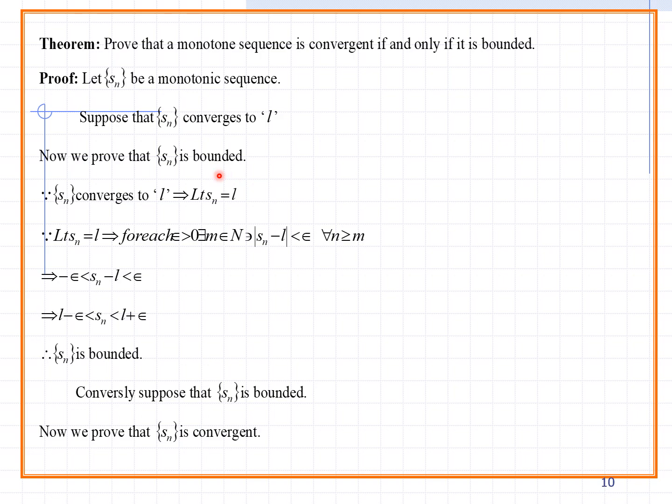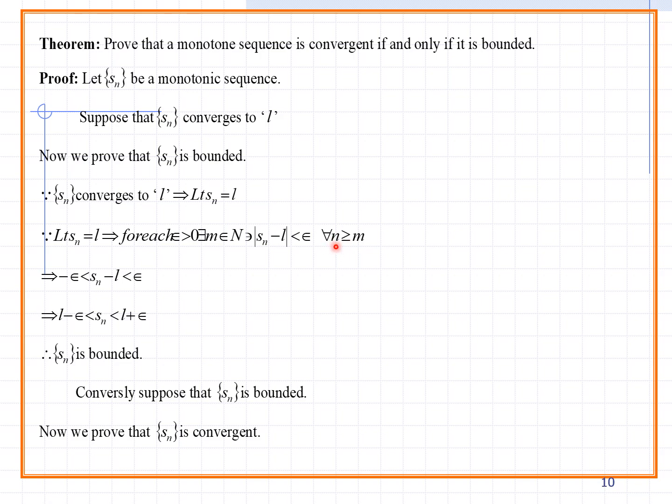So the sequence Sn converges to L, limit n tends to infinity Sn equal to L. This is the convergence property. The condition is: for each epsilon greater than 0, there exists m belonging to N such that modulus Sn minus L is less than epsilon for all n greater than or equal to m. So compulsorily, for convergence, n should be greater than or equal to m. Why?